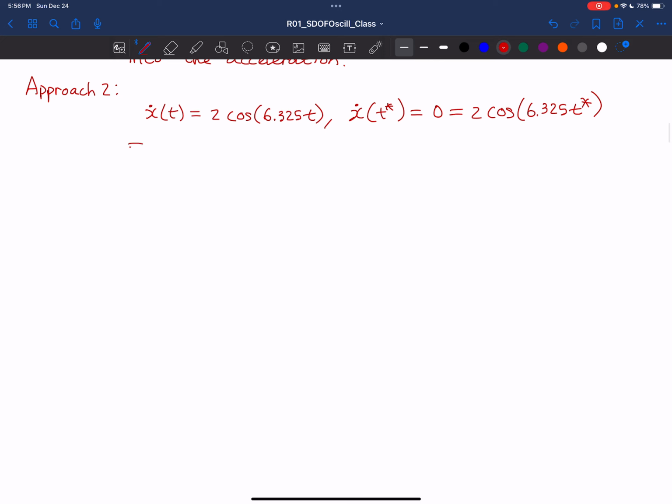From here, we'll find that cosine of 6.325 t star is equal to 0, or 6.325 t star is equal to the cosine inverse of 0, which is going to be equal to (2n plus 1) over 2 times pi, where n is equal to 0, 1, 2, and so on, repeating for infinity. These are the roots of the cosine function.